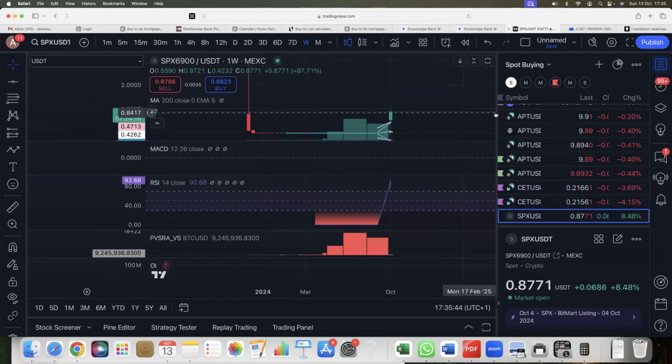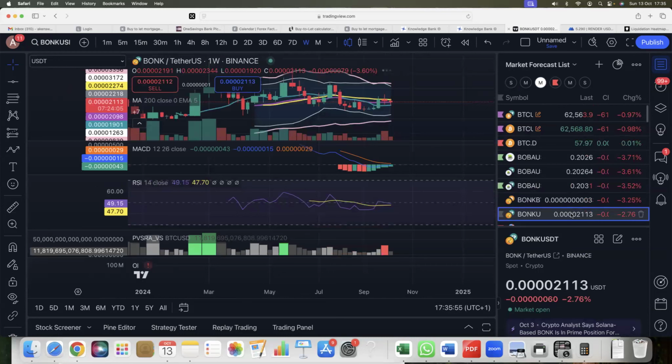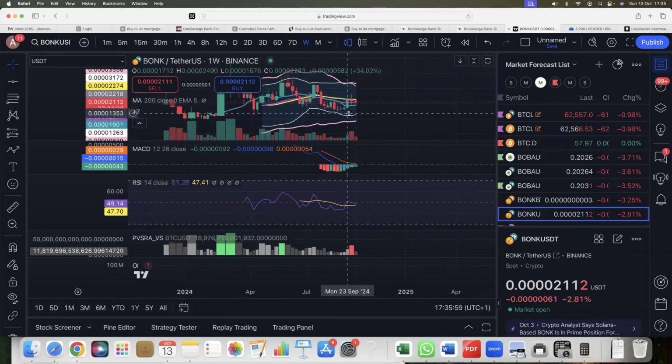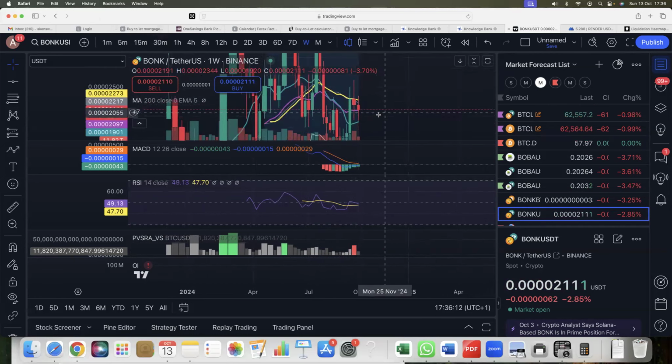The one that is different is Bonk, at least you can have some history of trading Bonk. I've got Bonk somewhere here. Yeah, I think Bonk is also looking good. It's going to do a pullback. It's probably done this on the weekly charts, a good pullback, and it's touched the 9-day moving average here.